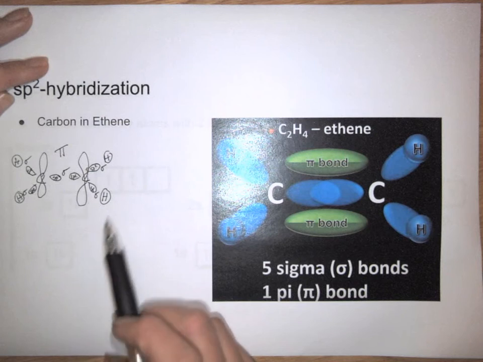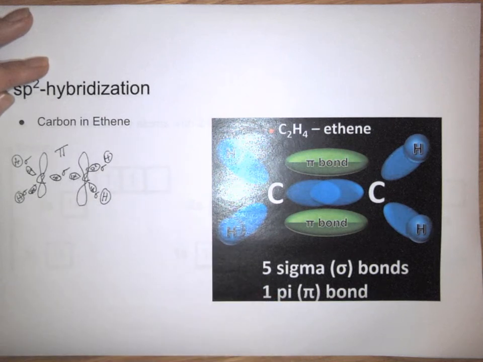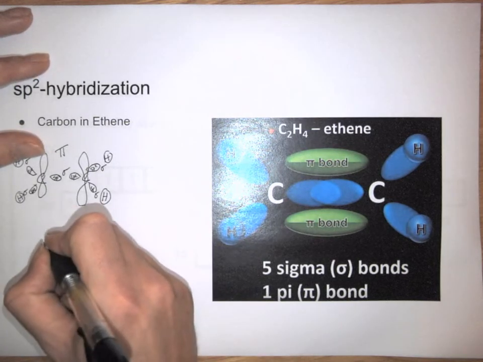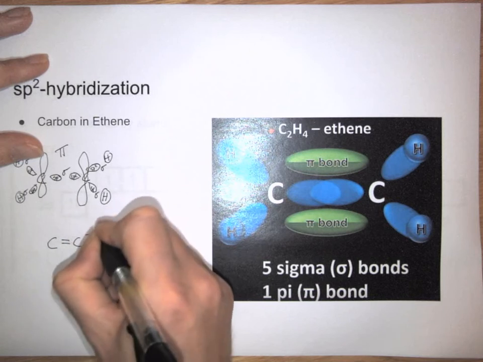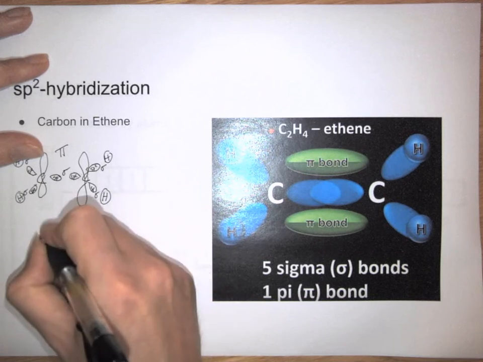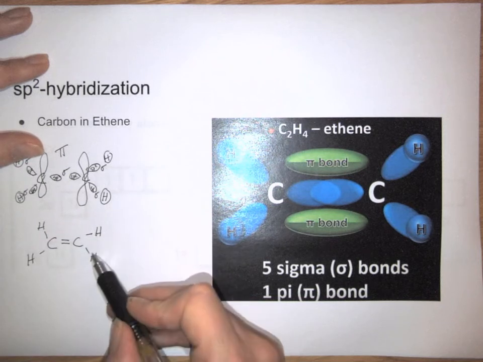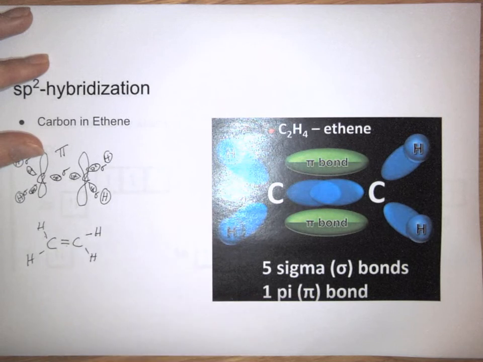so we can see that we'll create 1 pi bond. And we know that a double bond is the same as 1 sigma and 1 pi bond, so we can see that it's a double bond in ethene. So ethene will look like this if I'm drawing it a little more simply. Like this. So sigma bond, sigma bond, sigma bond, sigma bond, sigma and pi bond.